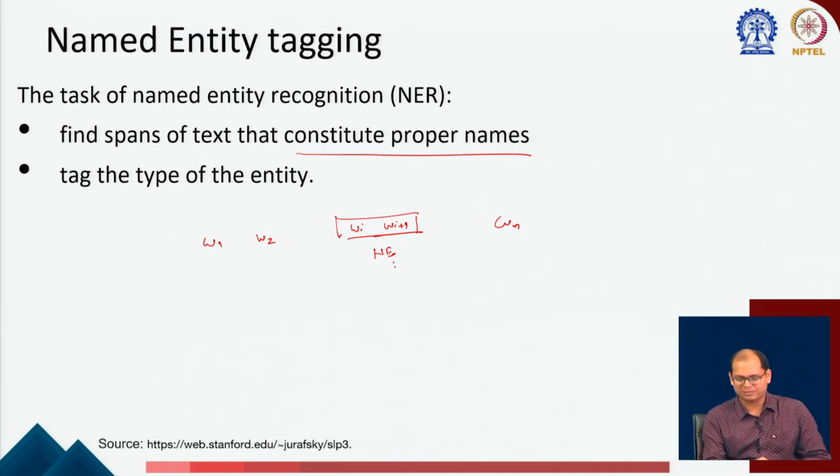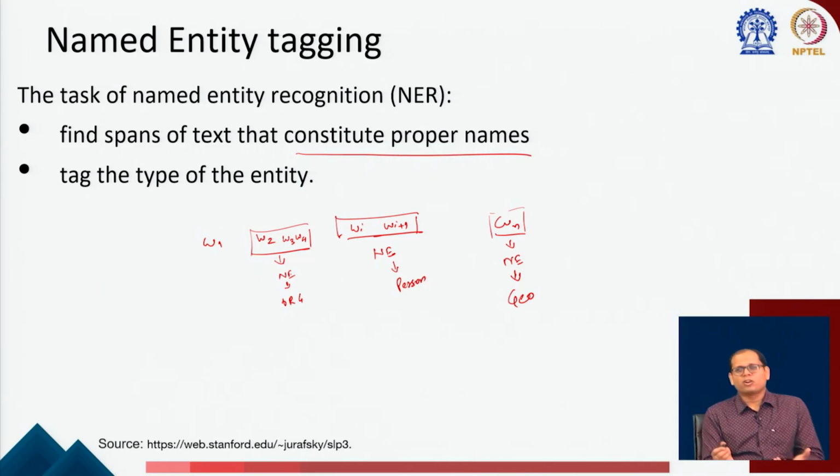Say this is a person, and say W1 or W2, W3, W4 is another named entity, and let's say this is an organization, and say Wn is also a named entity, a geopolitical entity. And the others are not named entities, so you will just call them not a named entity.